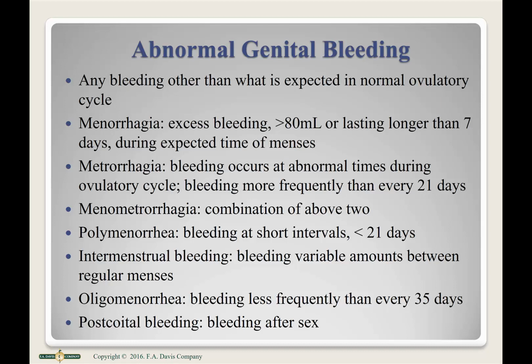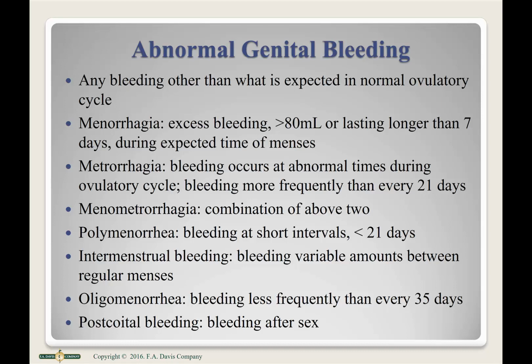So she's bleeding a large amount, or she's bleeding a lot longer than the normal 6 to 7 days, okay? Now where we get into confusion is the next five. Like, this is crazy.